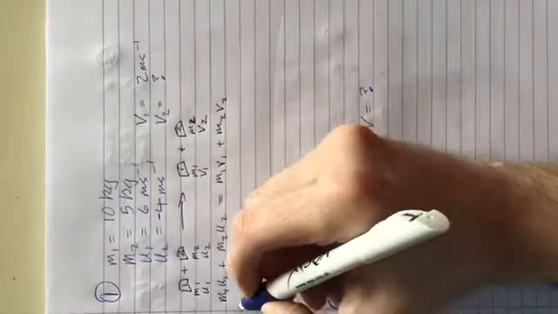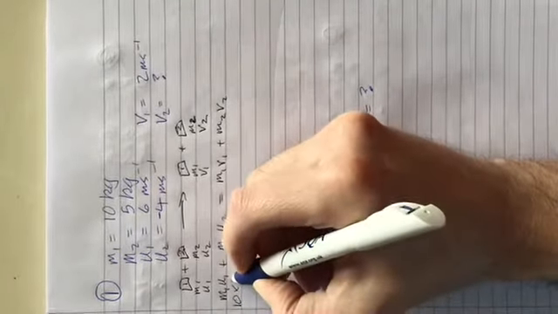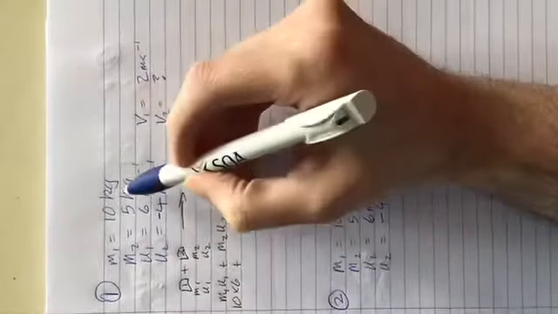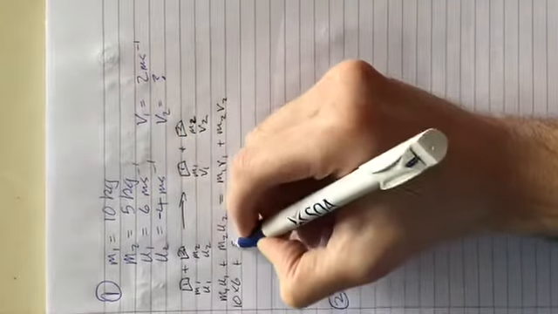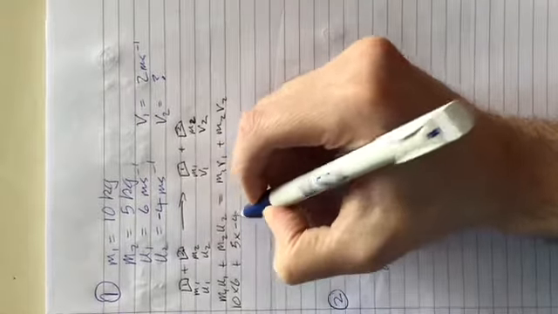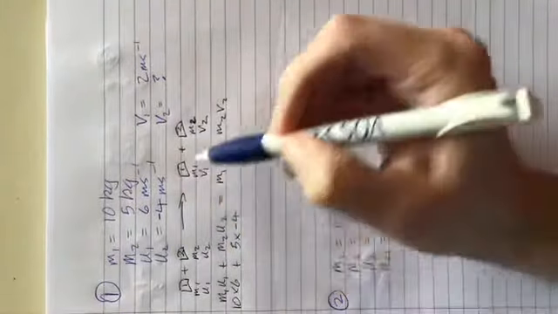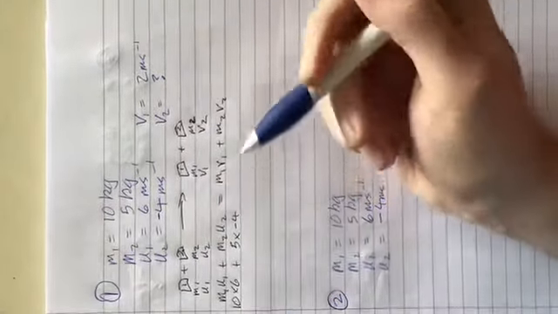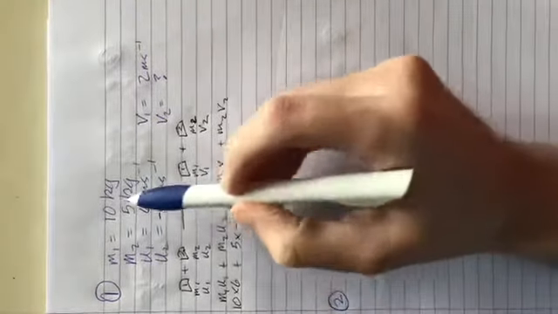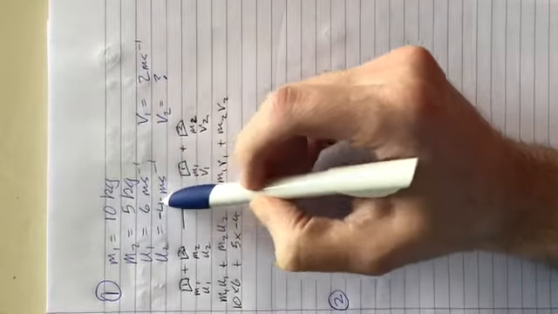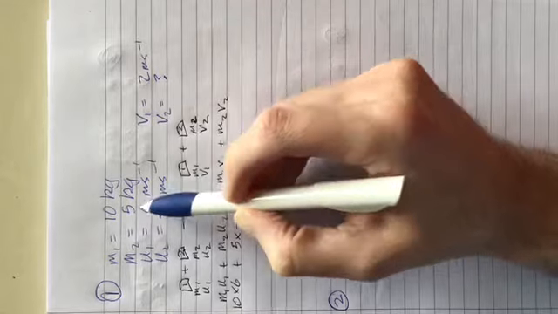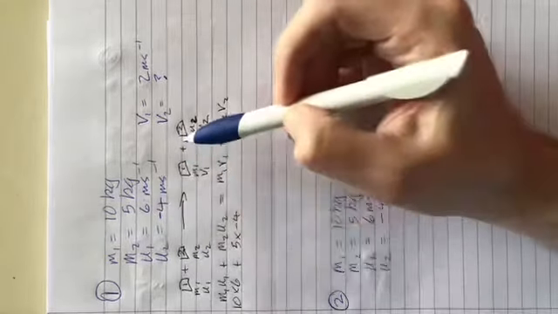So that would be 10 kilograms times 6 meters per second, plus 5 times negative 4. Now, why did I make that negative 4? I made it so that I could reintroduce another very important idea. Remember, we're dealing with velocities here, because velocity is a vector and consequently momentum is a vector.